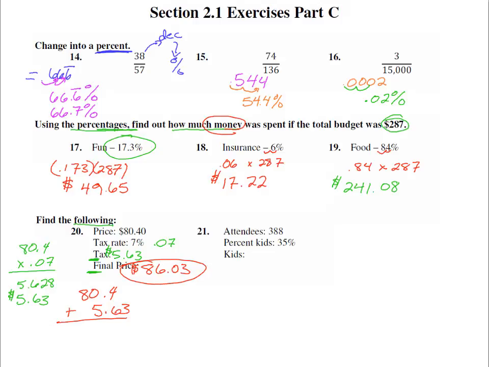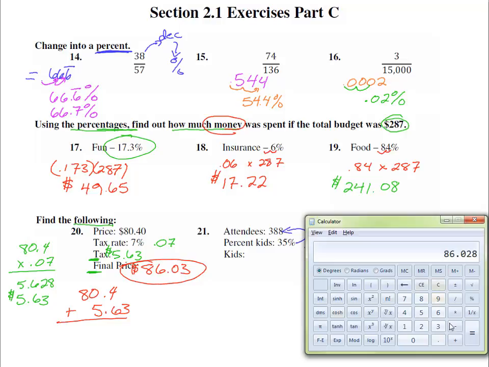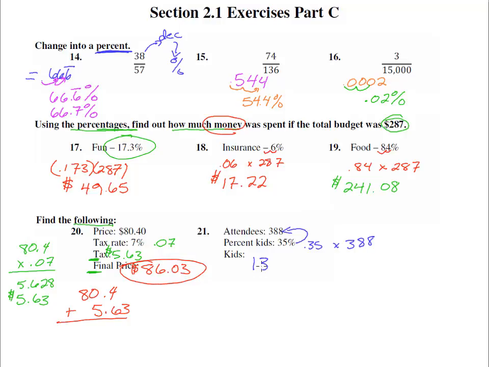Number 21. There are 388 attendees, and we know that 35% of them are kids. So we're going to take 0.35 of, meaning times, 388. And we'll pull out our calculator. 0.35 times 388 equals 135.8.